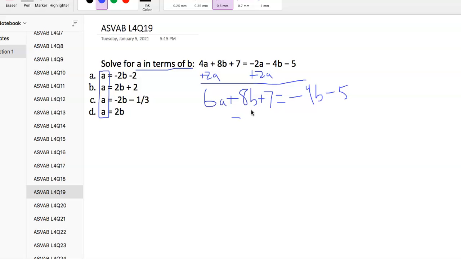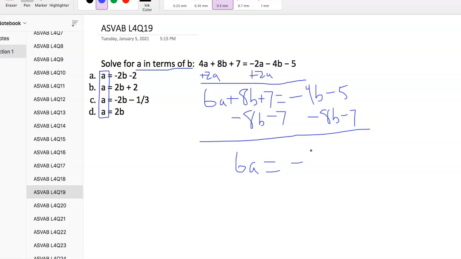Subtract 8B, because we just want that A by itself. Subtract 7. Subtract 8B. Subtract 7. 6A equals negative 12B, because negative 4 minus 8 is negative 12, and negative 5 minus 7 is negative 12.